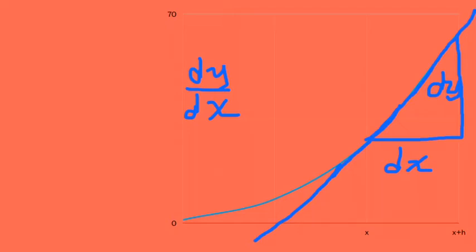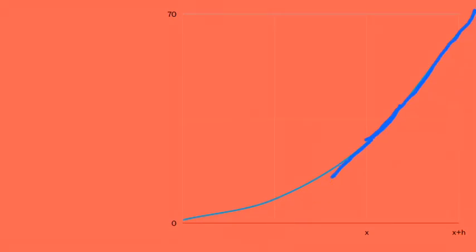And what's special about derivatives that normal slopes don't have is that as h approaches 0, so this might be delta x, and actually this would be dx, and this would be dy. And you can see why this works at all the points.